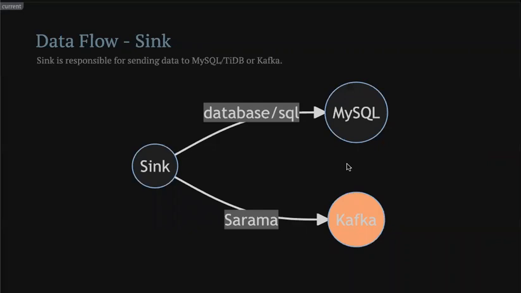Sink. Finally, we got the sink. We can send the data to MySQL or TiDB or Kafka. We can use the official MySQL driver to send the data to TiDB. It's very convenient because we haven't got any other hack. We can just use the official driver to send data.